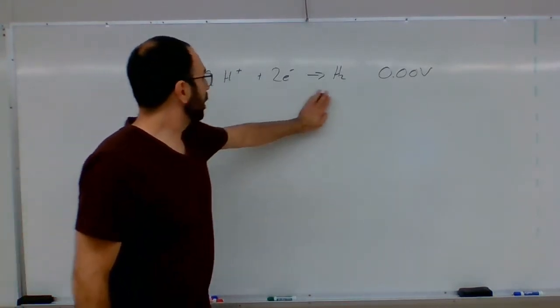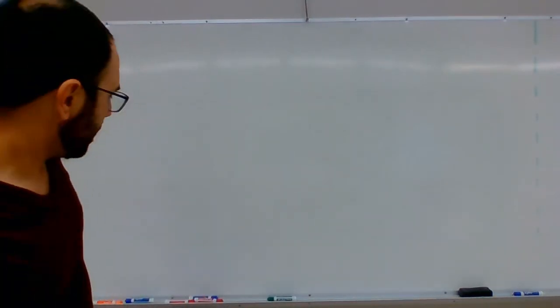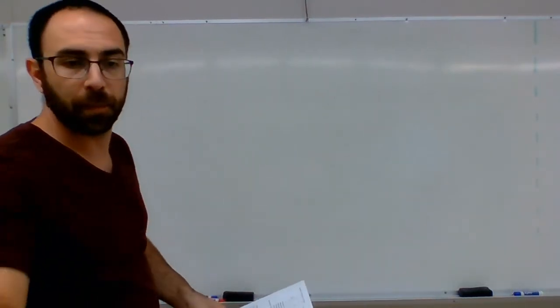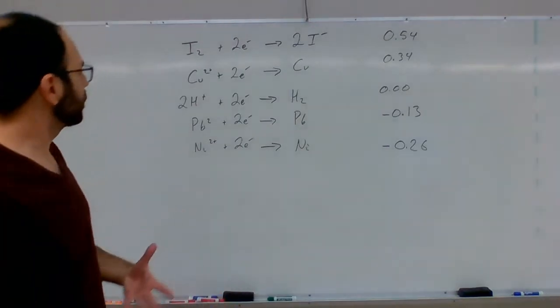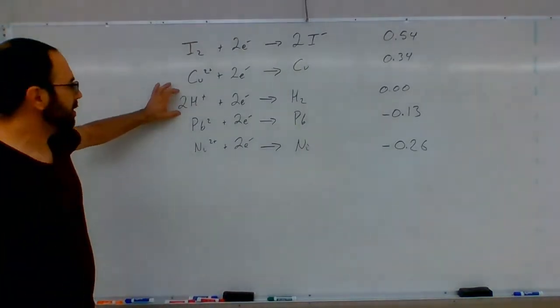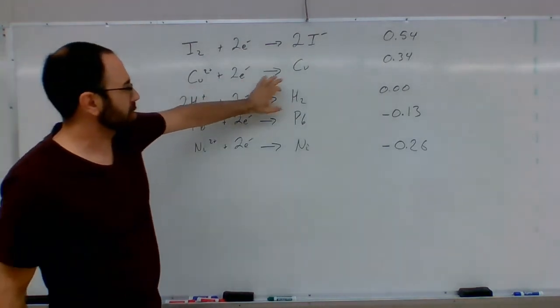where we are looking at nickel and iodine. I'm just going to look at these few different examples. We had this arbitrary 0 point, the 2H plus and electrons going to the hydrogen gas, and we said that that's at 0 volts.